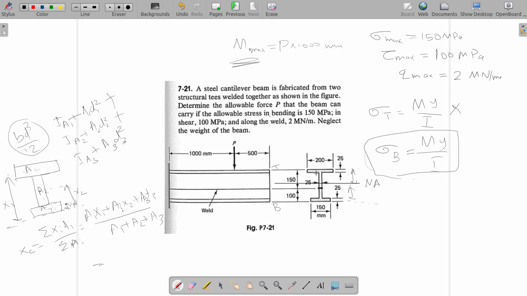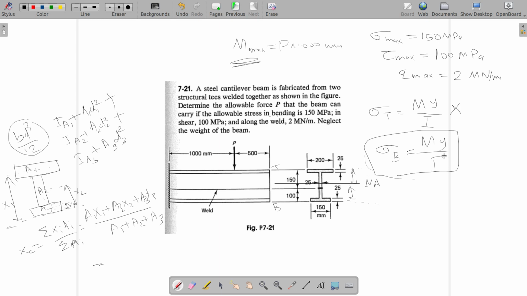You will find that it's a little bit on the upper side, and the Y for sigma bottom will be larger than top.